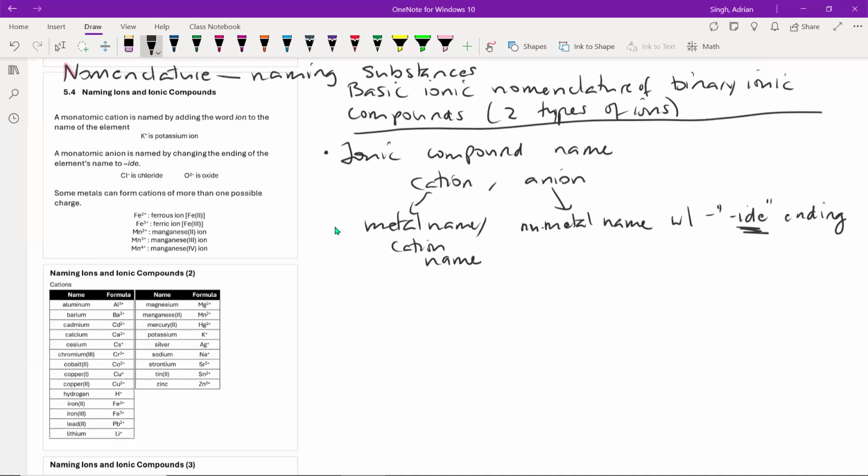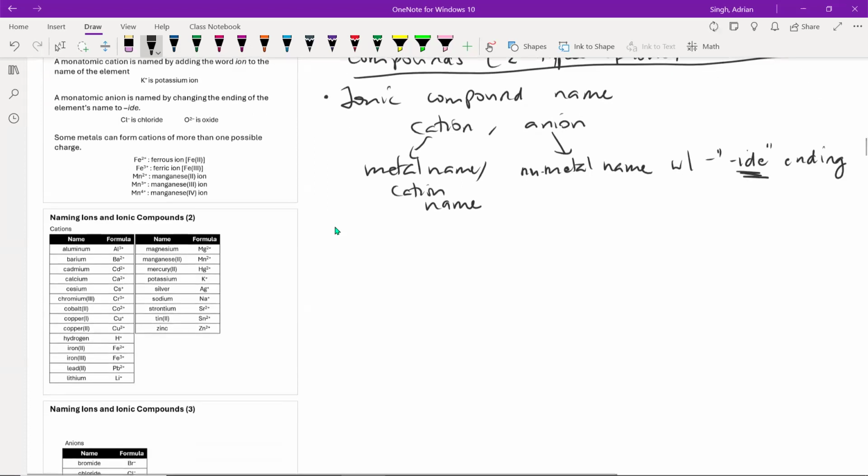Okay, so the best way to do this is to look at some examples. So for instance, if I am looking at the following compound, I have Na and I have Cl. Okay, so we typically write the name as the formula is written. So again, when we write the formulas, the metal or the cation is always written first. So Na is the sodium, and this is made up of the sodium ion.